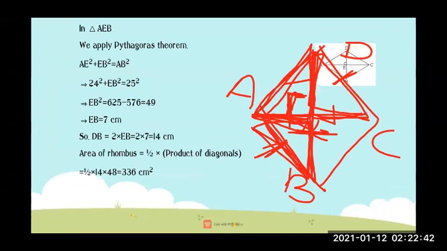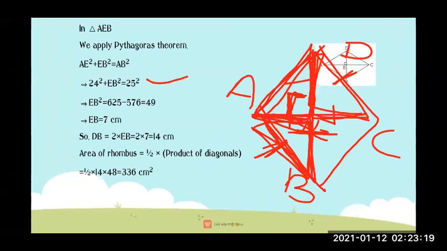We have already got AE as 24, so 24 square, plus EB we have not got, so we will write EB as it is, equal to AB square, that is 25 square. Now EB we have not got, so EB square equals 25 square minus 24 square. 24 square is 576 and 25 square is 625.